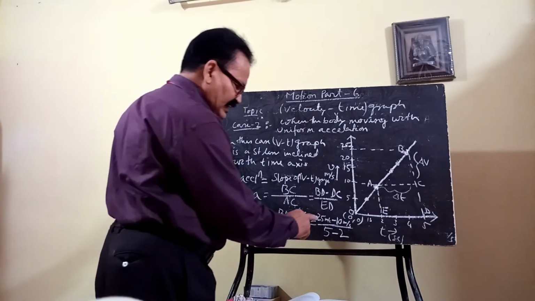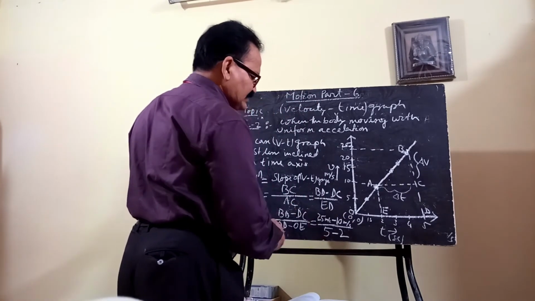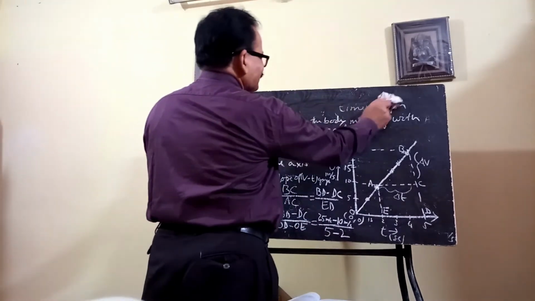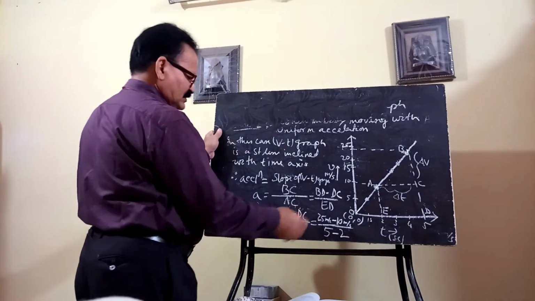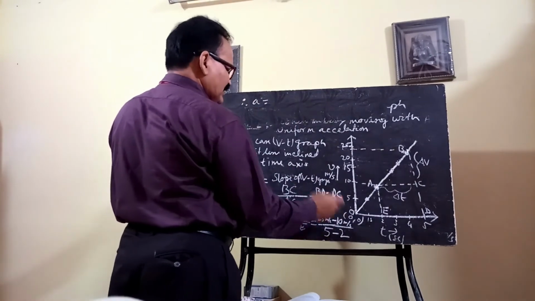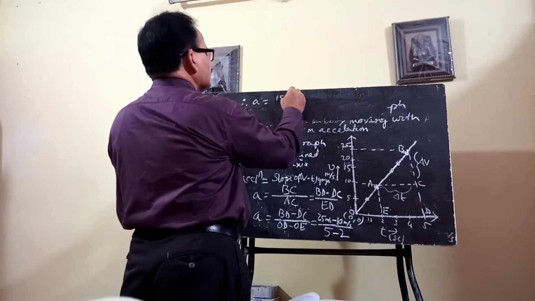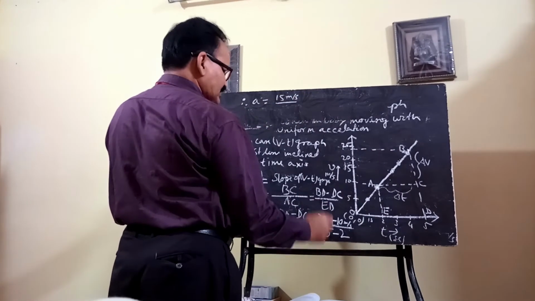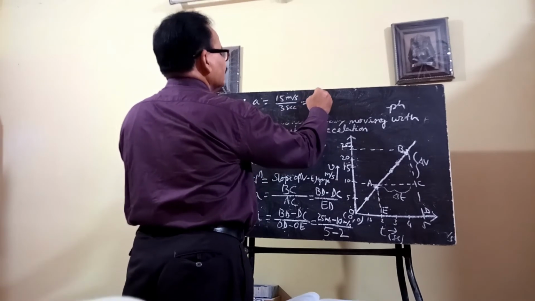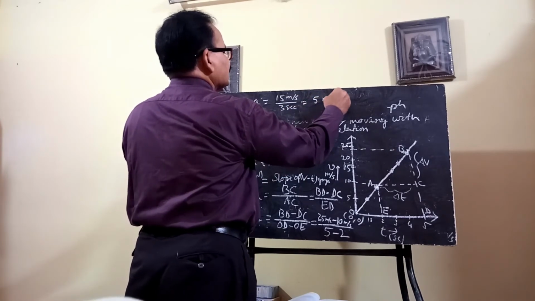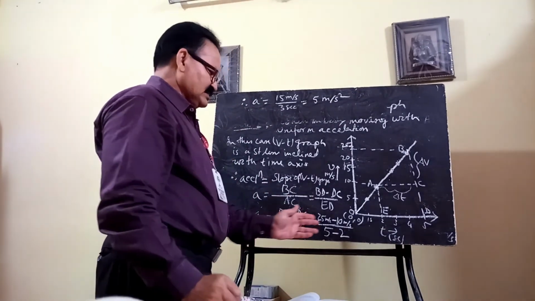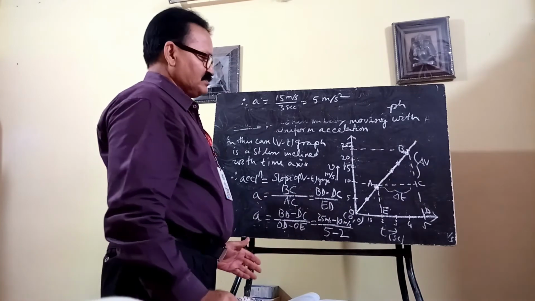So 25 minus 10. Therefore A will be equal to 25 minus 10, which is 15 meter per second, divided by the time, 3 second. So that means this is 5 meter per second square, the acceleration provided by this velocity time graph.